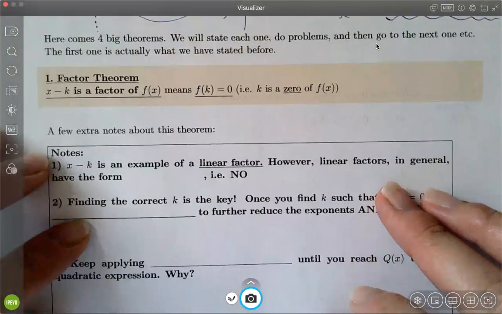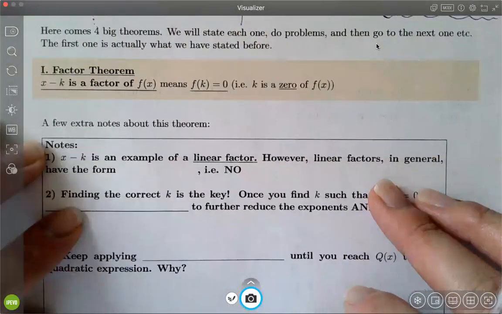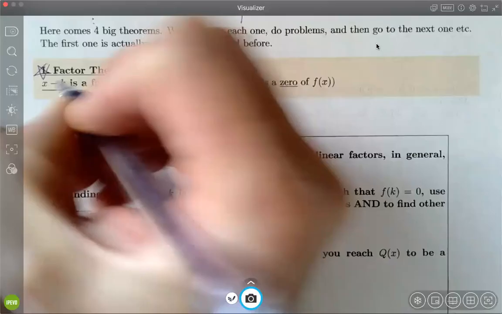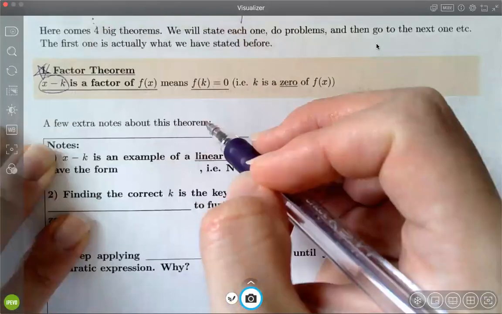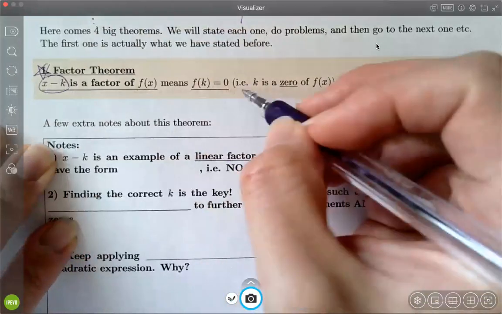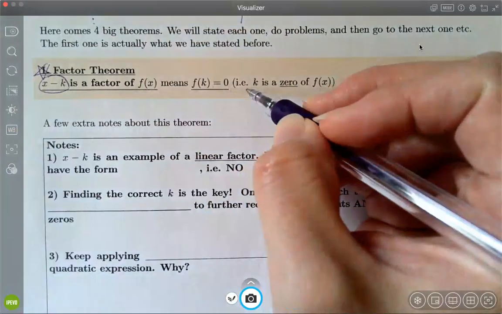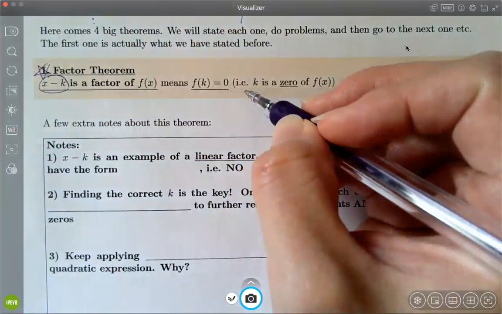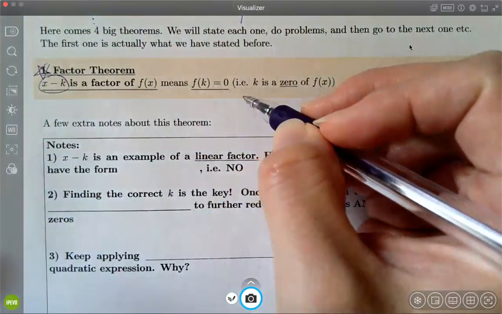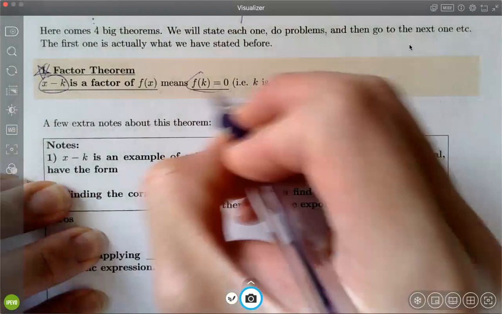What the factor theorem says is: x minus k is a factor of f of x. That means f of k is equal to 0. In other words, k is a 0 of f of x.